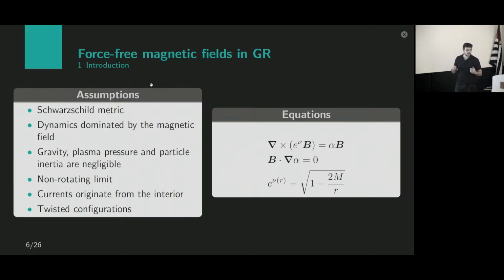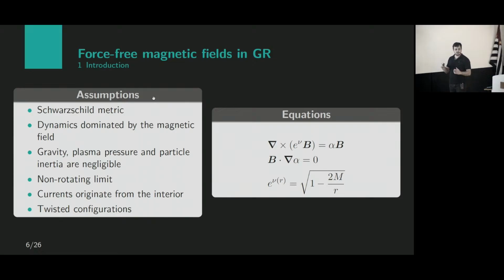So how do we describe the physics of the magnetosphere? In this case, which is usually not what is being done, we wanted to also include general-relativistic effects because neutron stars are compact objects. So we assume that the spacetime around them is described by the Schwarzschild metric. It's a good approximation in this case. No other contributions are important.